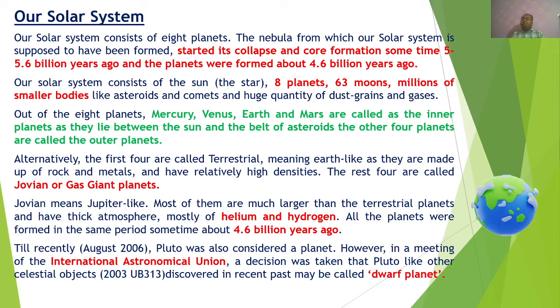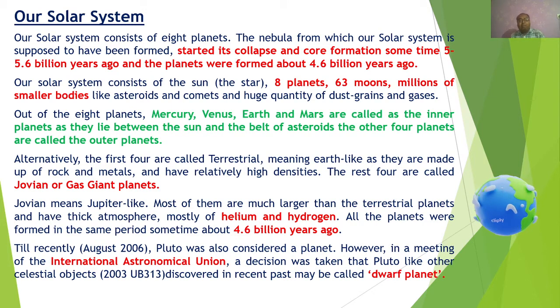Our solar system has 8 planets, 63 moons, millions of smaller bodies like asteroids, comets, and a huge quantity of dust grains and gases. Out of 8 planets, Mercury, Venus, Earth, and Mars are called the inner planets, as they lie between the Sun and the belt of asteroids.